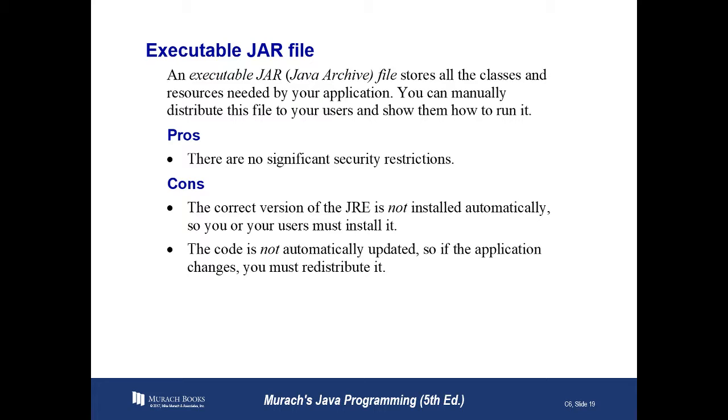This Java archive file stores all of the classes and resources that our application needs, and we could manually distribute this file to our users and show them how to run it. So this is one way that we can do things. It doesn't cause any sort of security problems, but we do have to make sure that the Java runtime environment is installed, so that could be a manual install.